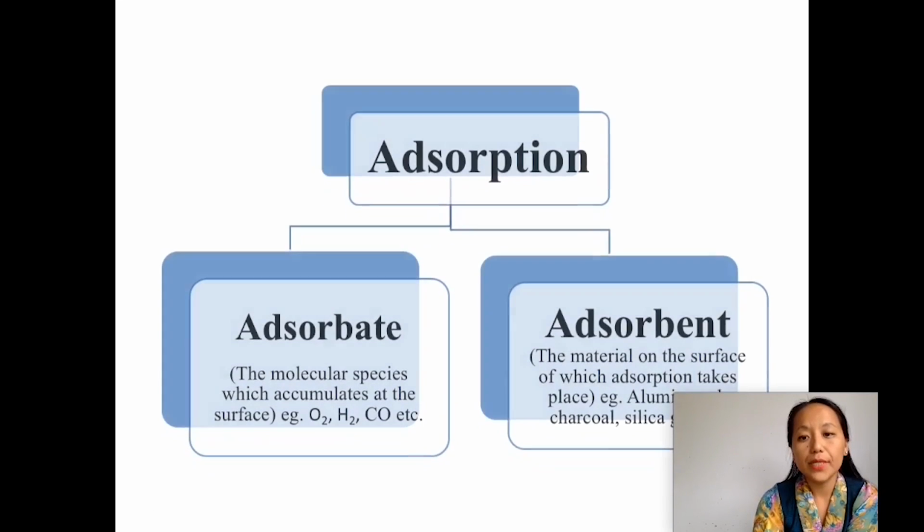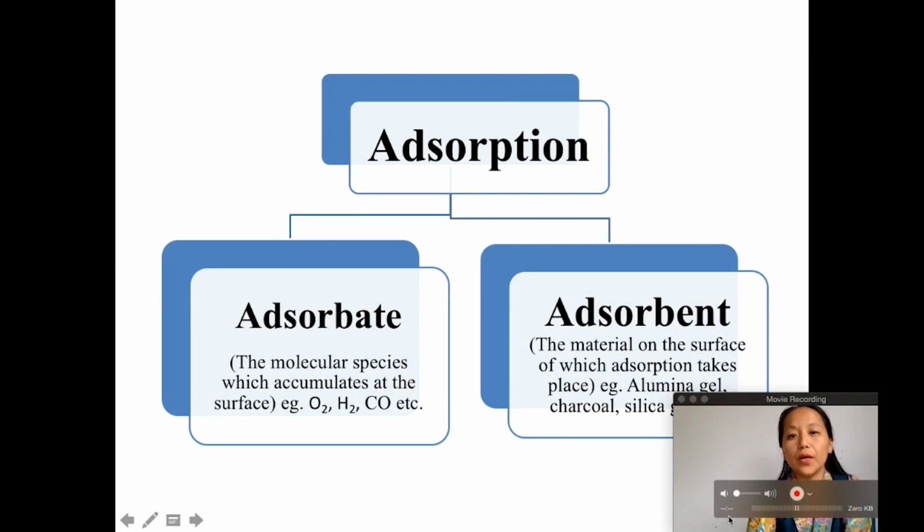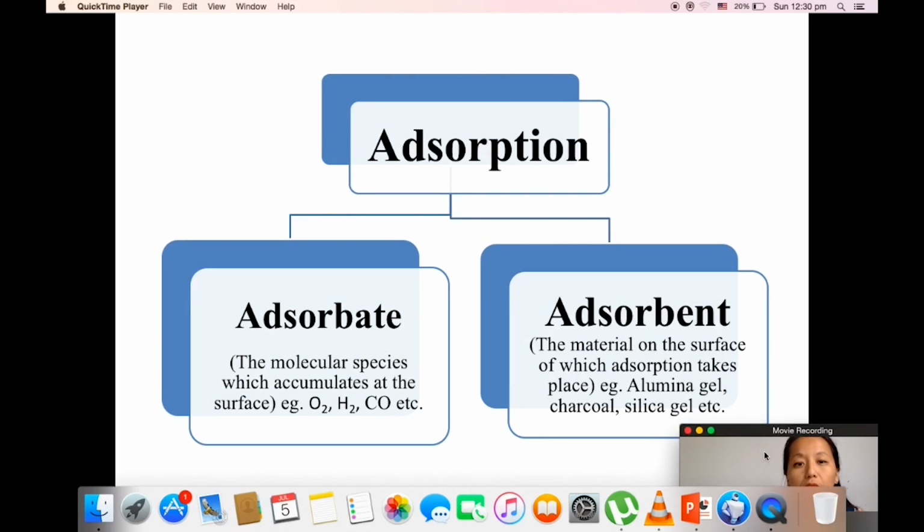Now let me give you the definition of adsorbate and adsorbent. Adsorption includes two components, that is the adsorbate and the adsorbent. Adsorbates are the molecular species which accumulate at the surface. The examples that I've taken are hydrogen, oxygen, and carbon monoxide, which are gaseous.